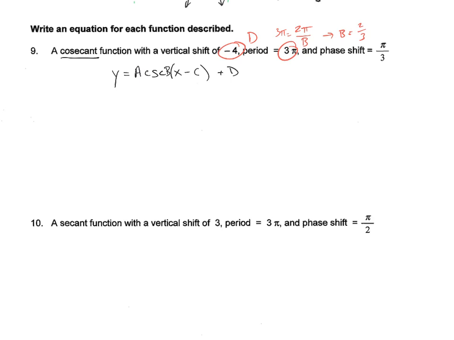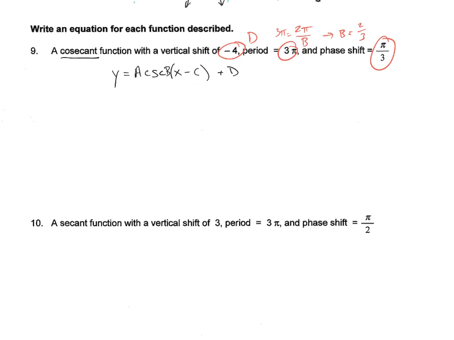And then we have a phase shift of pi over 3. There's no vertical stretch or amplitude listed, so A doesn't have any value other than its default value of 1.